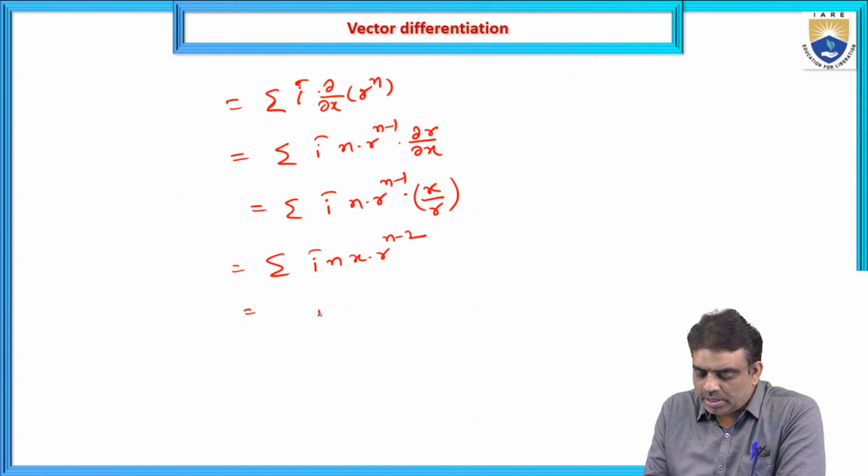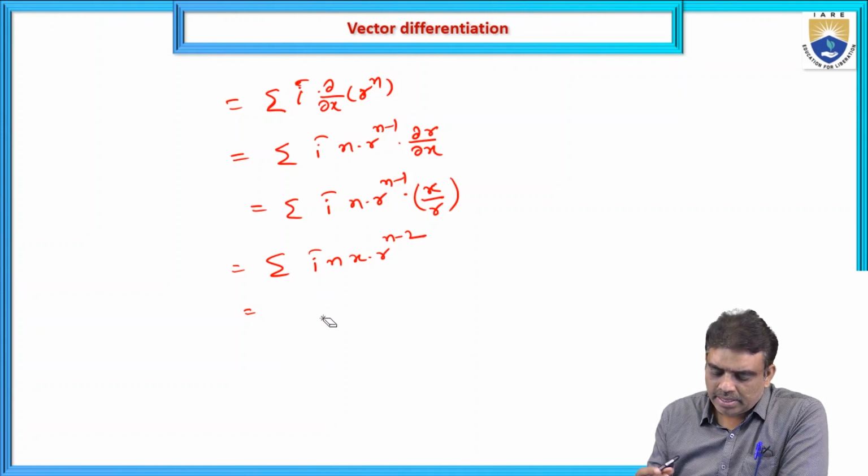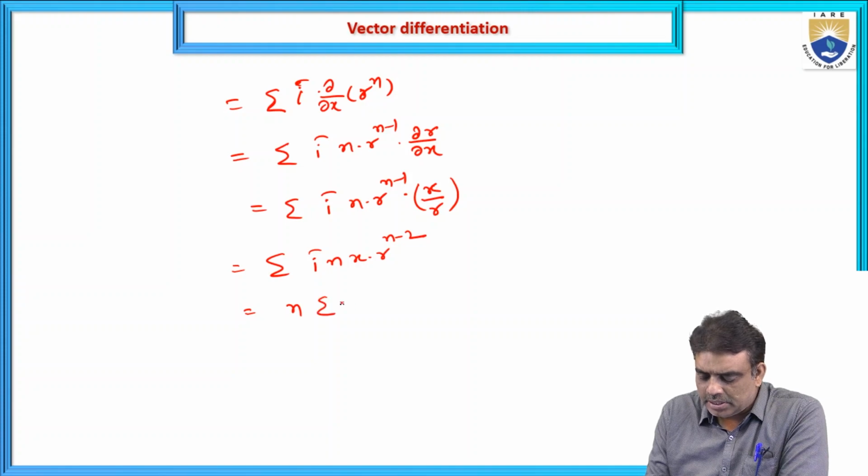So in expanding, what you will get? i bar into n into x i bar. n is constant, summation x i bar r power n minus 2.